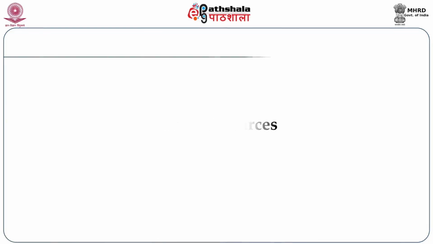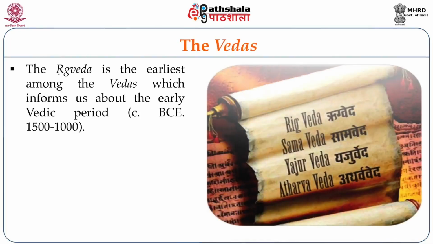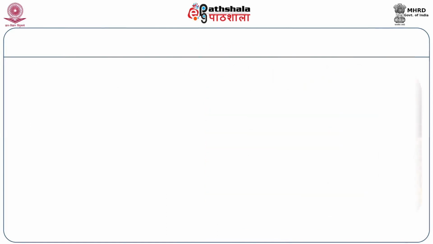To begin with the textual sources, of course we have to start with the Vedas. The Rig Veda, as you know, is the earliest among the Vedas, which inform us about the early Vedic period. Then we have the later Vedic period, but in this understanding of the Vedic corpus, we can see a transition from Gopati to Mahipati.